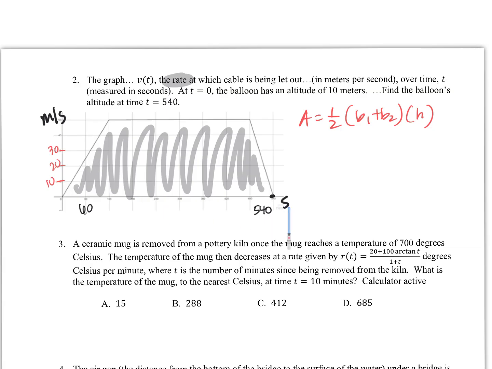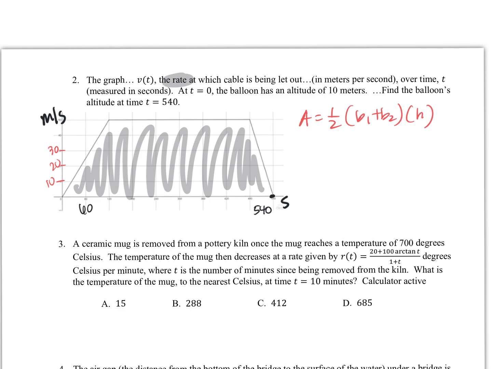Seconds, right? So 1/2 times seconds times, what would my height be in units? Meters per second. Are those seconds going to cancel out? Yeah, and I'm left with meters, and that's why they're asking what's the altitude. Find its height in meters.